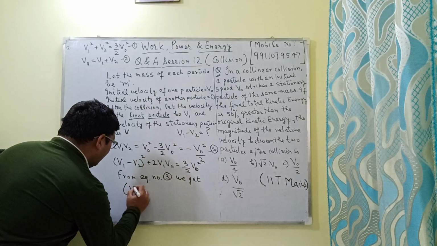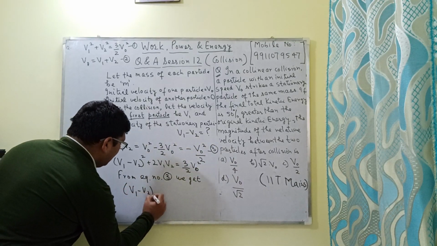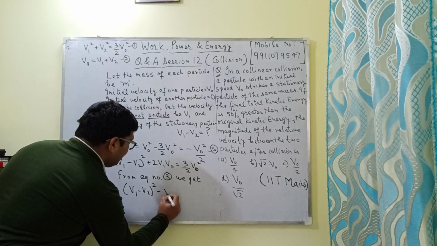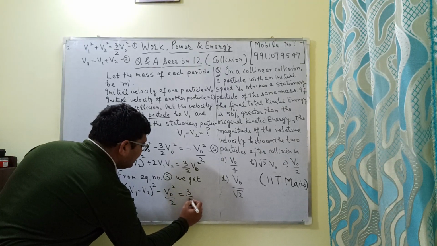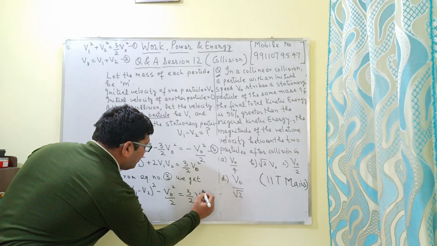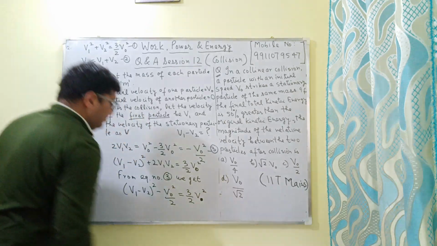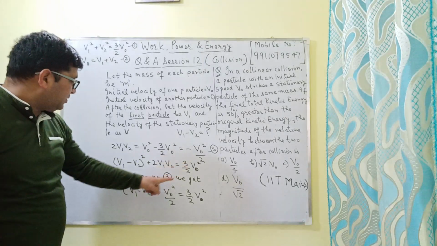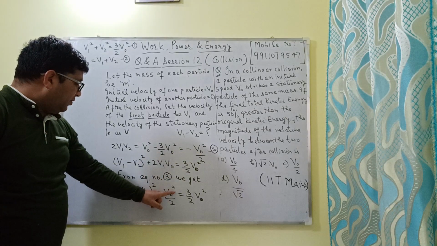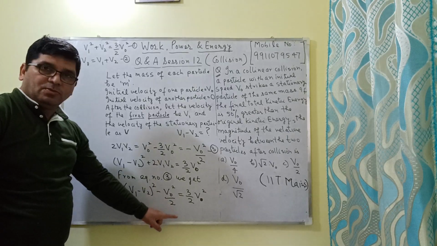So what I will be getting is V1 minus V2 whole square minus V naught square by 2, which is equal to 3 by 2 V naught square.